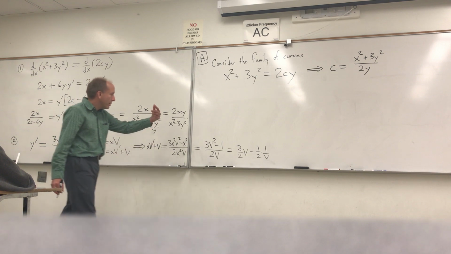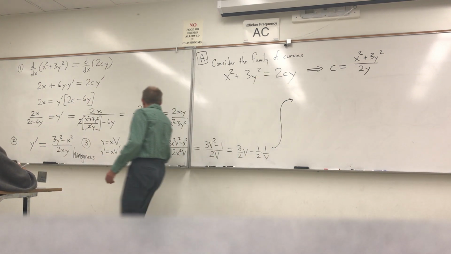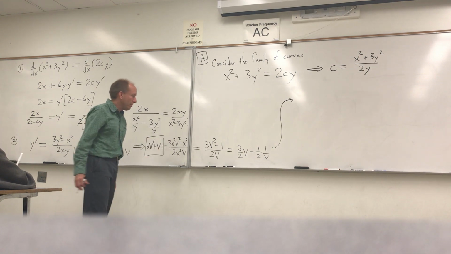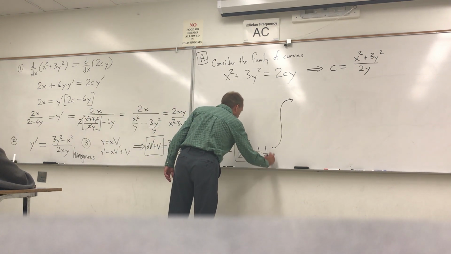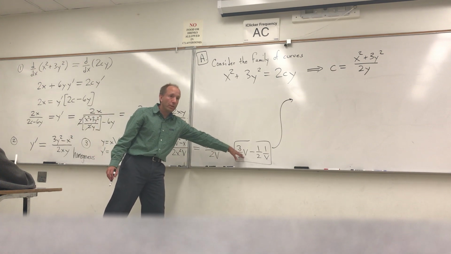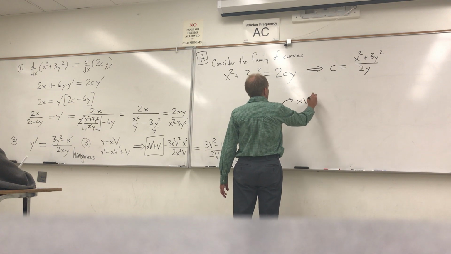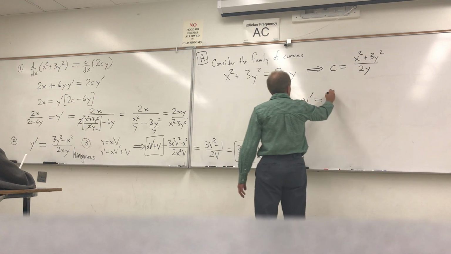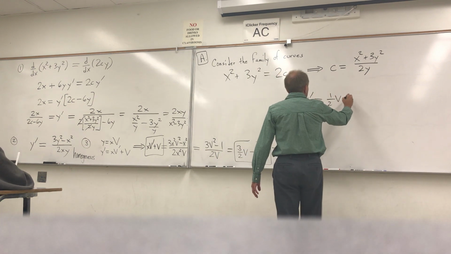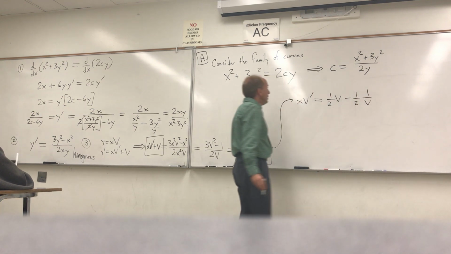Now I'm going to subtract the v to the other side. So remember, the left side is xv prime plus v equals all of this. I'm going to use this v to cancel with the 3/2 v. And it's going to leave me with just xv prime equals 1/2 v minus 1/2 of 1 over v.